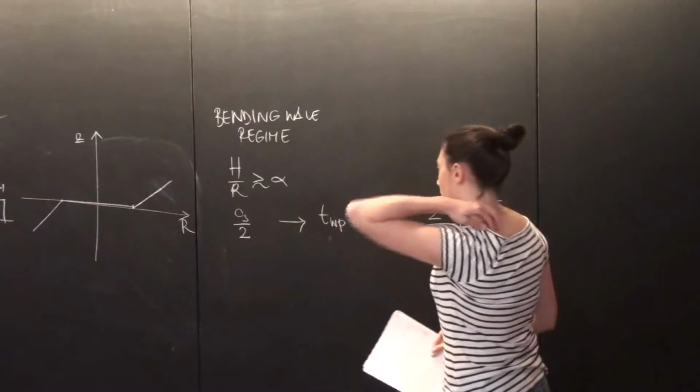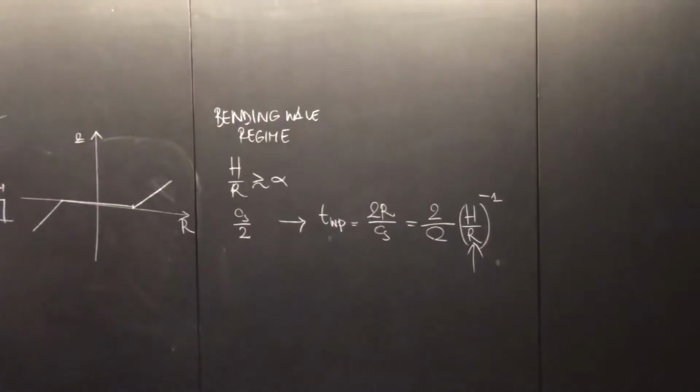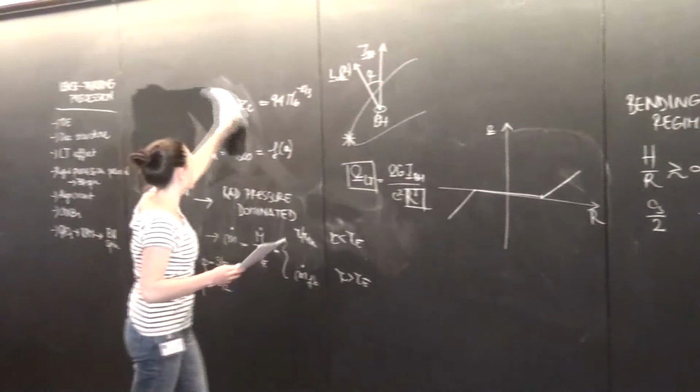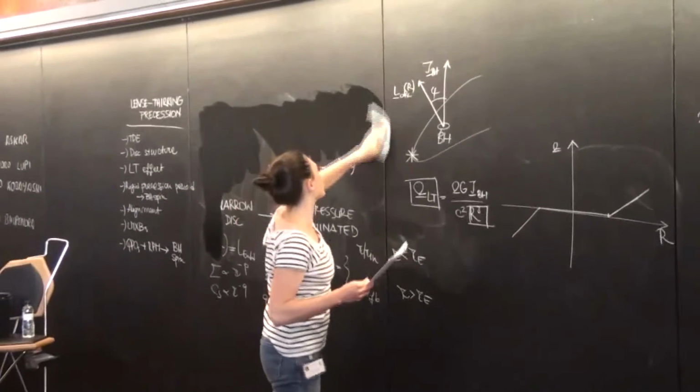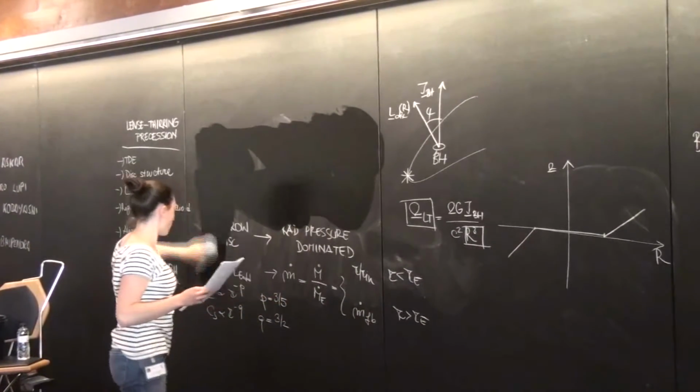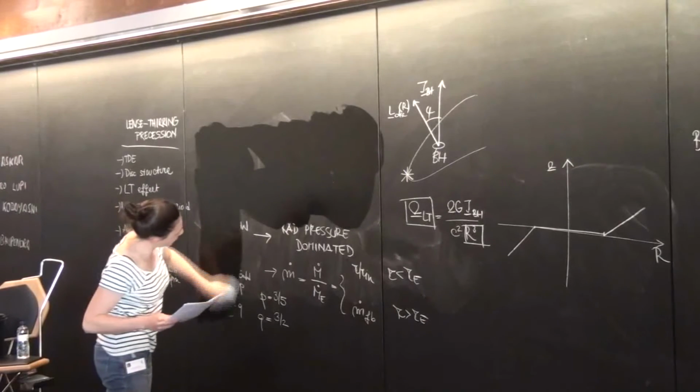Okay, so in order to see this rigid precession, we solved the equation that regulates the warp propagation inside the disk in the bending wave regime with the monodimensional ring code.